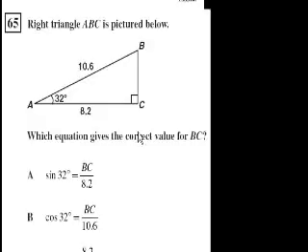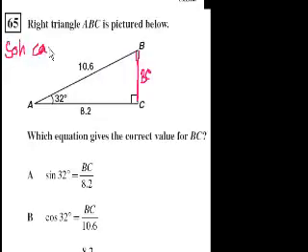Problem 65. Right triangle ABC is pictured below. Which equation gives the correct value for BC? This is what they want us to figure out. Let me write SOHCAHTOA. I actually do this a lot.